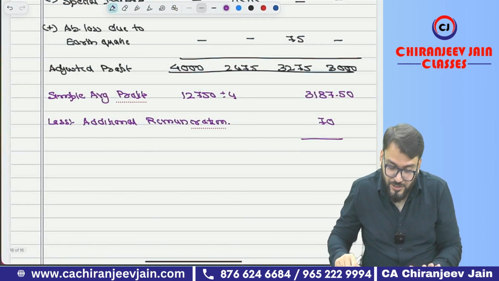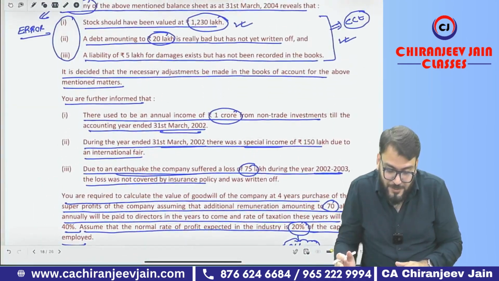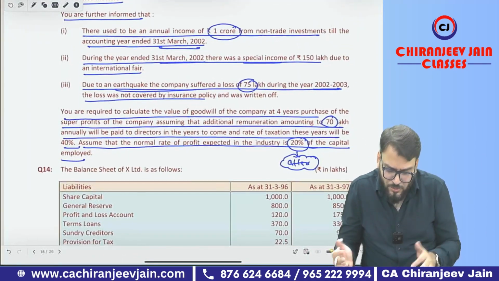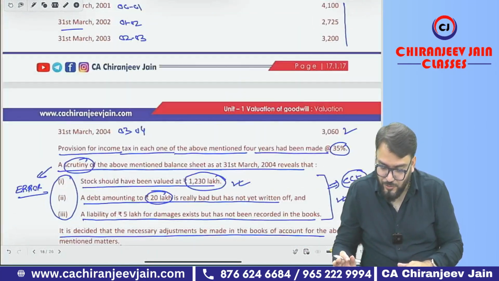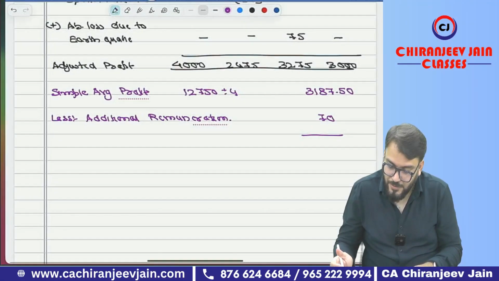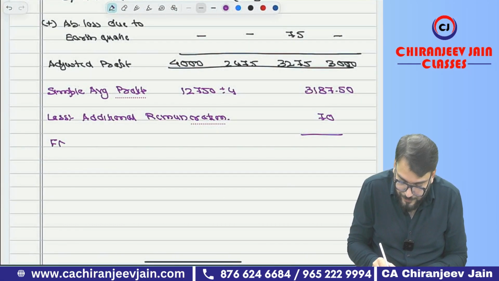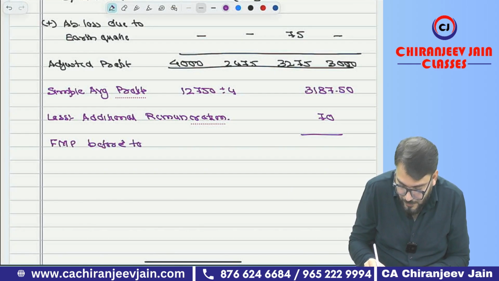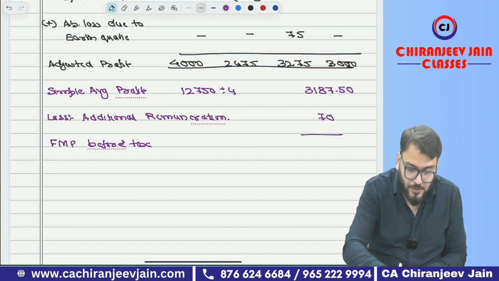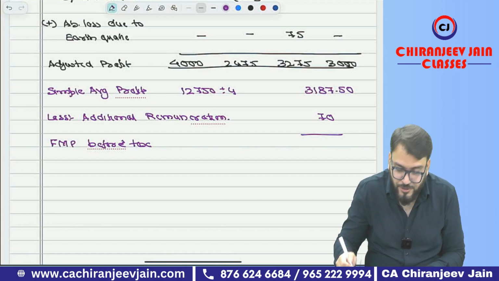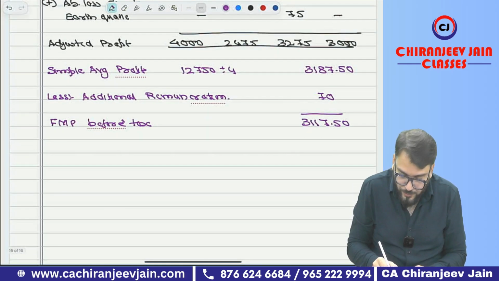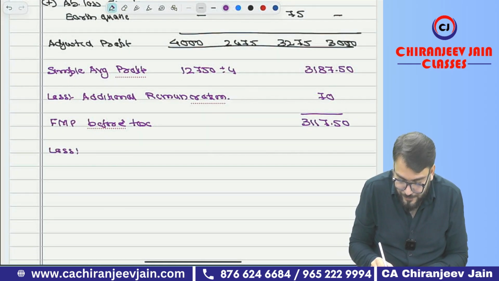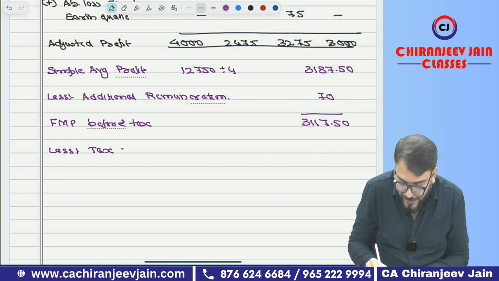And there is no information about the revaluation of assets either. So this becomes FMP before tax. Minus 70, it is coming to 3117.50.